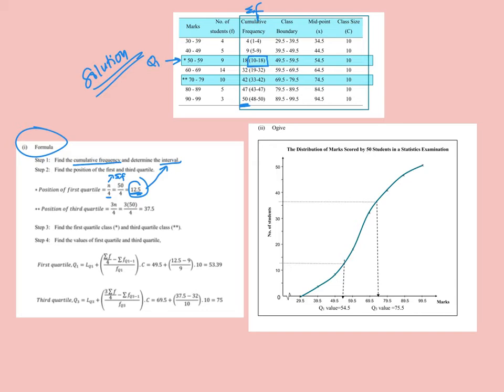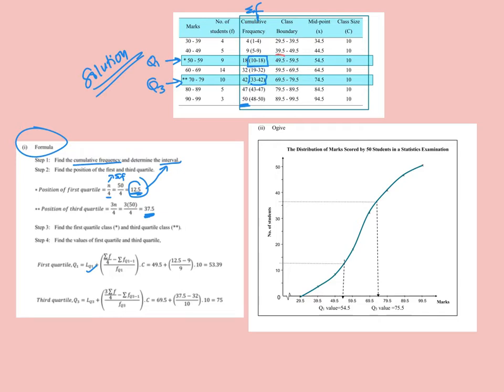For quartile 3, the position is 37.5. This is the interval for quartile 3. Then you only have to replace the values. LQ1 is the lower class boundary of the quartile 1 class.